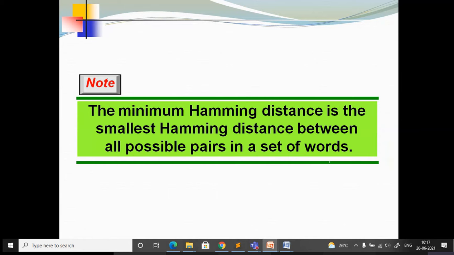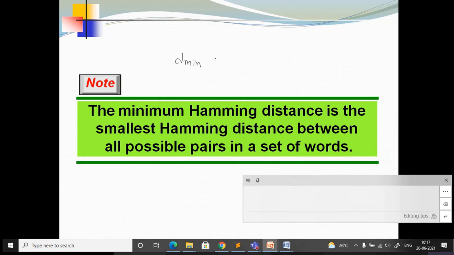That can be calculated using all possible pairs of words. Whatever combination of code words you are going to get, based on that you can calculate. The minimum Hamming distance is represented with d min. So what does d min indicate? It indicates the minimum Hamming distance.